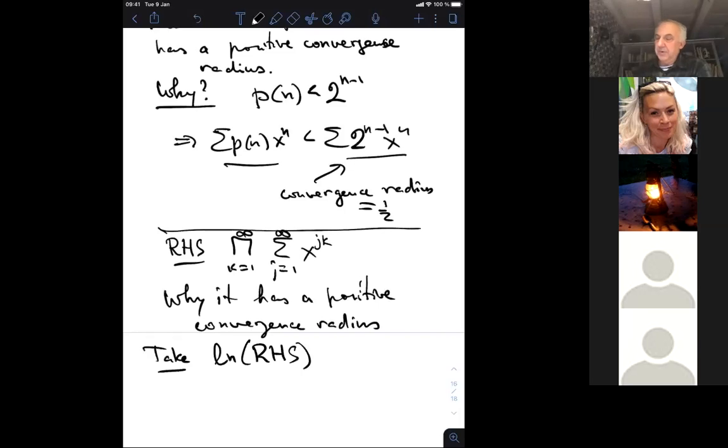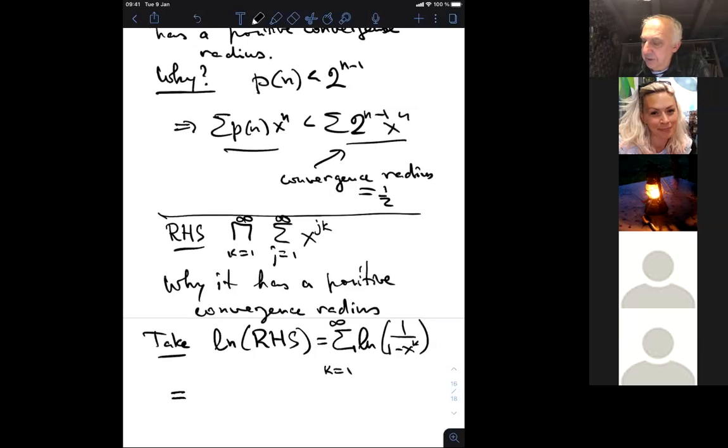So the log of the product would be the sum of the logs, yes. So this would be the sum of, so we get, say, the sum of k from 1 to infinity log of 1 divided by 1 minus x power k.